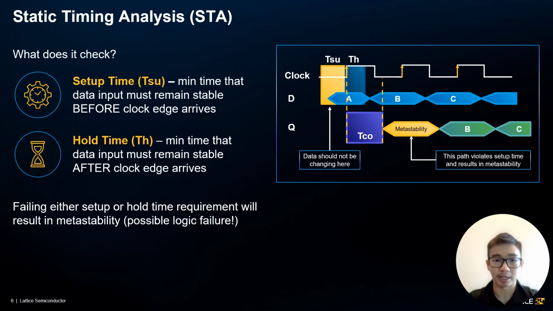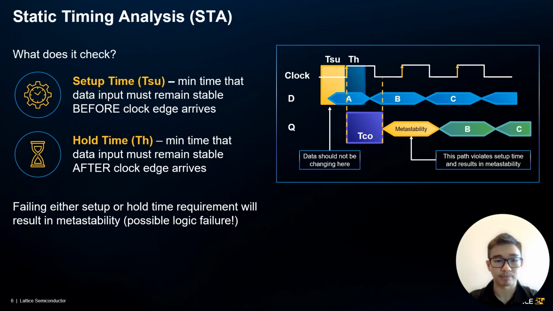Hold time, on the other hand, is the reverse, which means it is the minimum amount of time that the data must remain stable after the capture clock edge. Simply put, the data must remain stable long enough around the active clock edge in order to be captured correctly. Failing either setup or hold time requirement will result in a condition called metastability, where the output of the logic element is uncertain and could lead to functional failure.